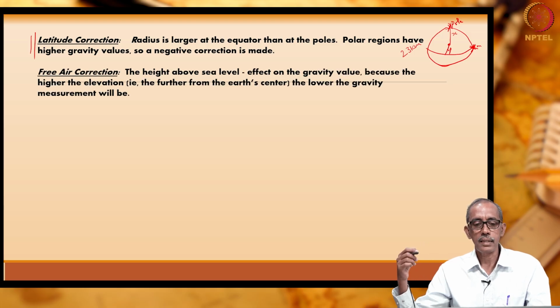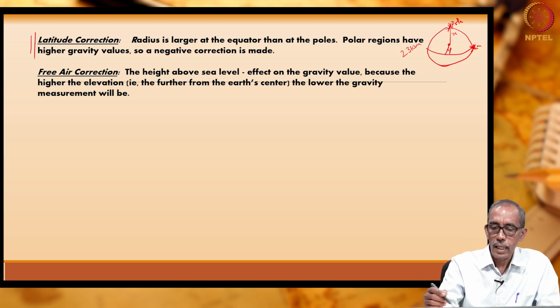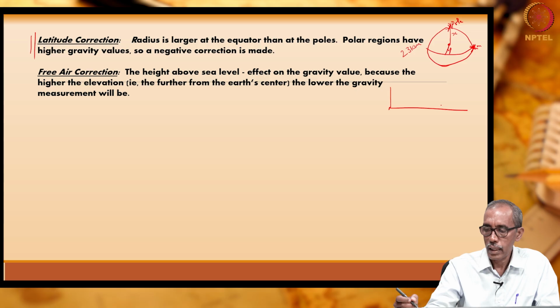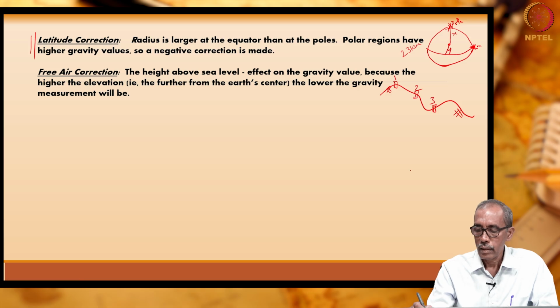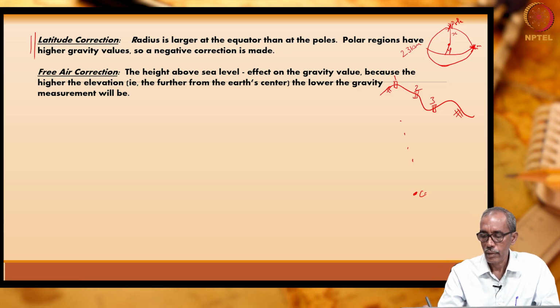Then free air correction. Let us assume this is the surface of the earth, the ground surface on which we are carrying out the survey. This is station 1, station 2, station 3. They are all at different elevations. Let us imagine this is the center of the earth.